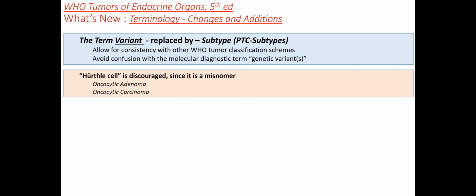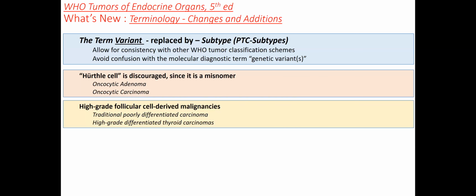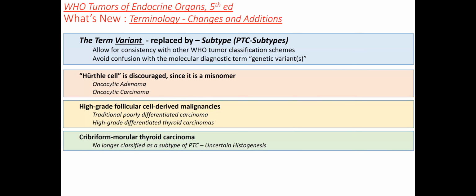Hurthle cell, as we talked about, is going to be the term oncocytic, and high-grade follicular cell-derived malignancies are now included, which includes your traditional poorly differentiated thyroid carcinomas, as well as high-grade differentiated thyroid carcinomas, which are well-differentiated carcinomas which show necrosis and mitosis. The cribriform morular thyroid carcinoma, which used to be cribriform morular variant of papillary carcinoma, is now just called this because we are not sure that it is a follicular cell-derived malignancy.